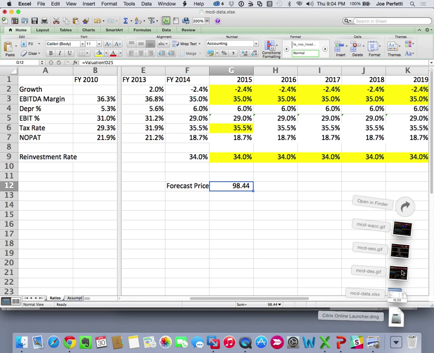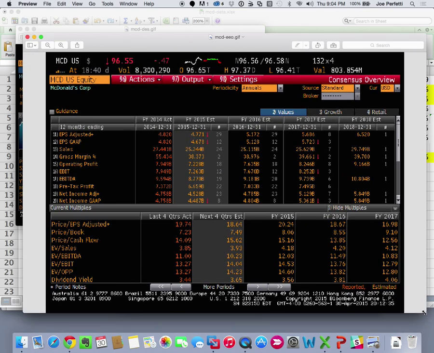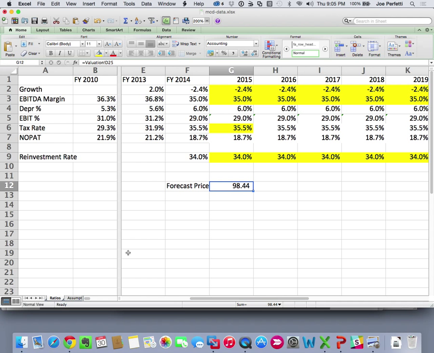I downloaded the earnings estimates. So I kind of know what McDonald's is expected to have for sales next year and the year after, based on the analyst estimates. You see that? So here's my last thing I'm going to do.